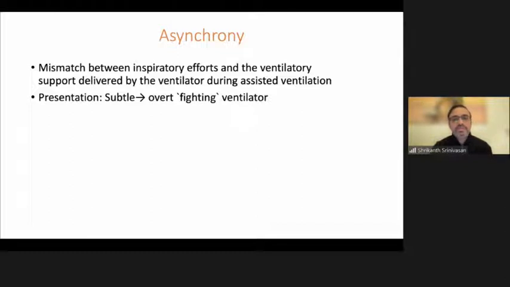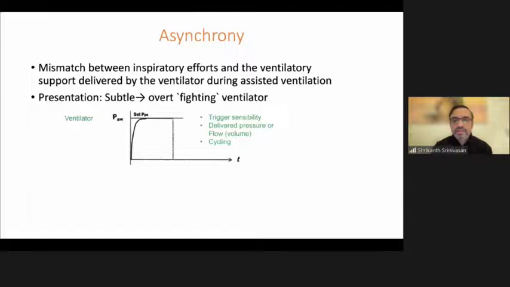So there are two aspects of ventilation. One is the ventilator aspect, where you can have asynchrony regarding the four basic tenets of ventilation: the trigger, the pressure delivered, the flow, and the cycling. You can have asynchrony regarding all four.